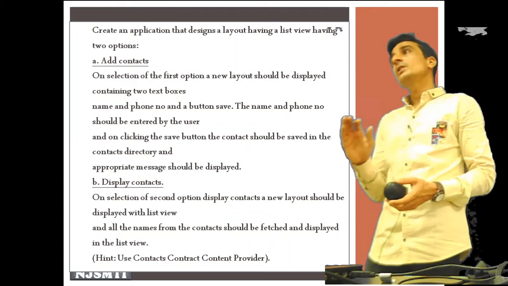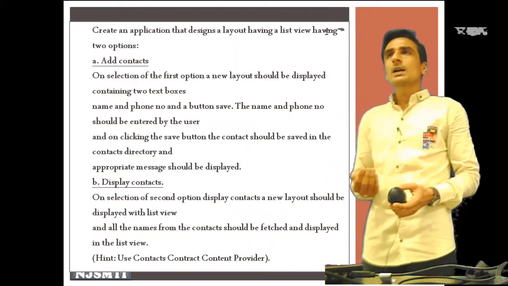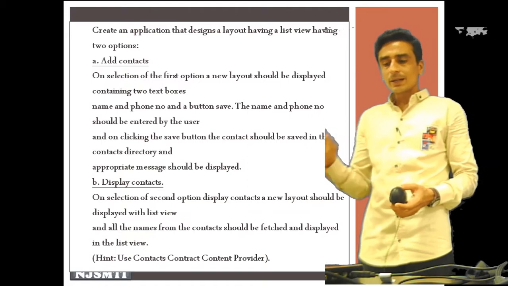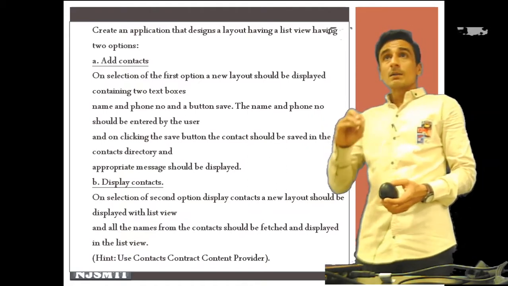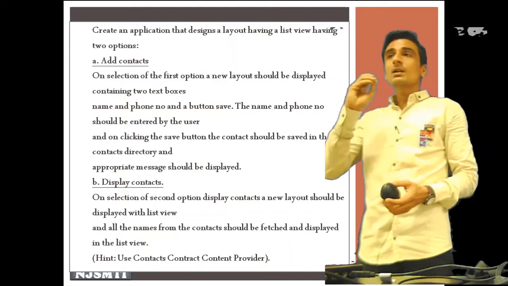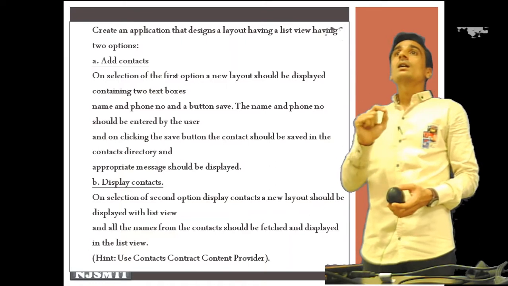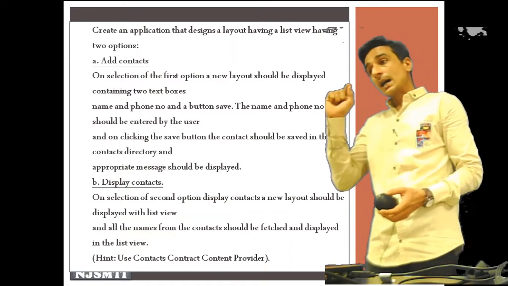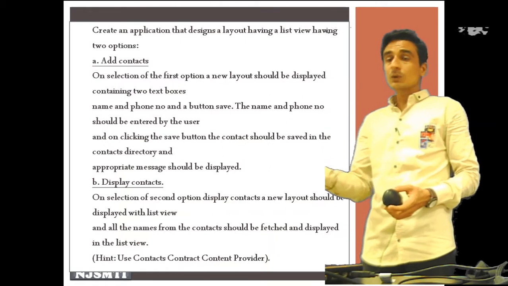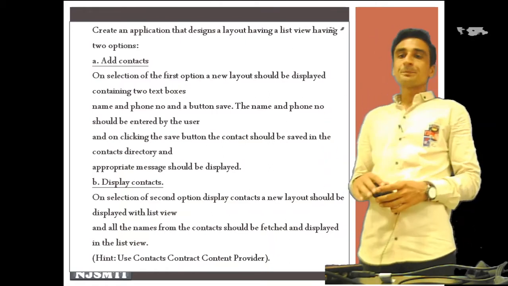And one more thing, when we use an intent to add a contact to the underlying contact content provider, it uses the native contact application of the device, so no permission is needed, because once our code is executed, the client will still have a chance to either save that contact or discard it. That's why no permission is required.